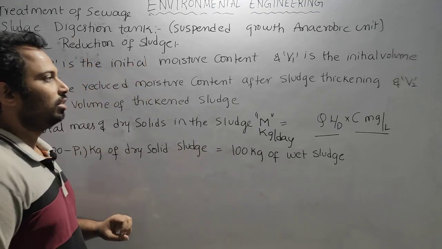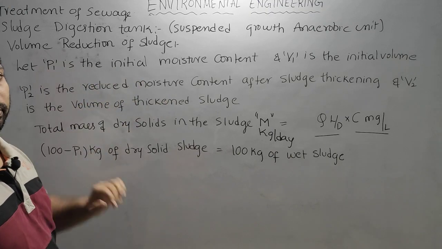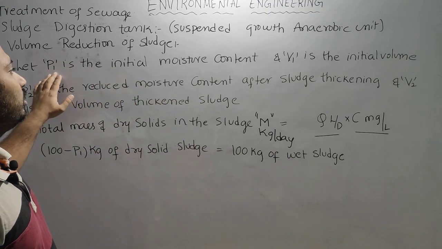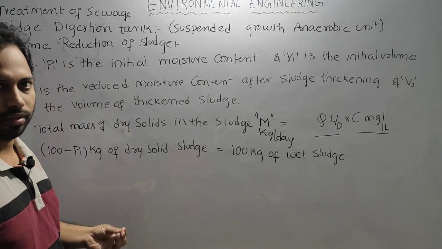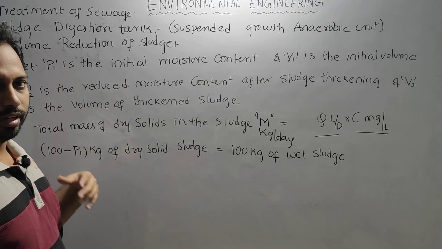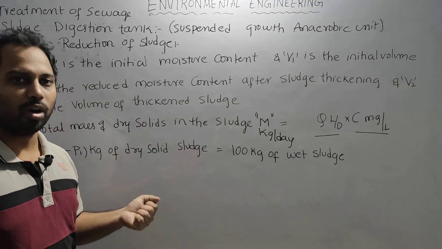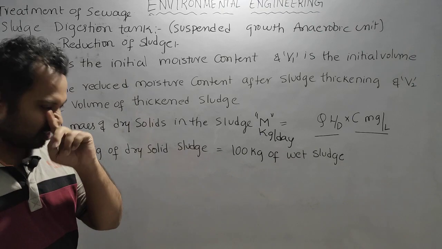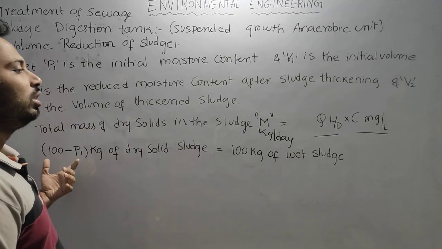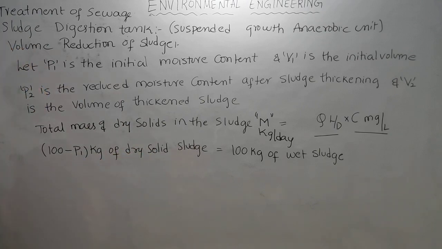So P1 is the initial moisture content. That means if you are taking 100 kg of wet sludge, in that the wetness, that is moisture, is P1 and the solids content, that is dry sludge, is 100 minus P1. So 100 minus P1 kg of dry solid sludge will produce 100 kg of wet sludge.